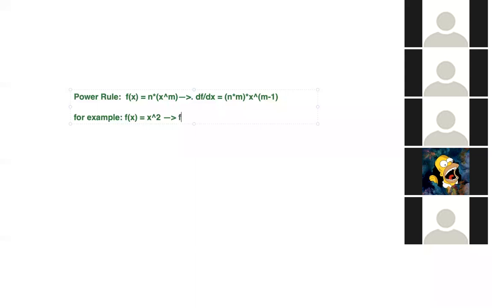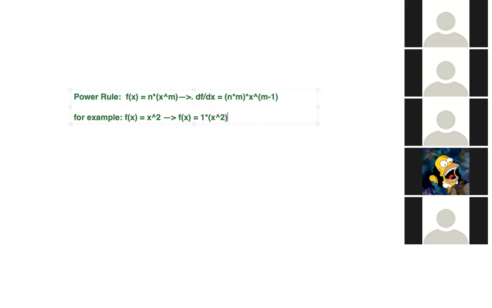So I could write this as, if I want to be more explicit, 1 times x squared. Does that make sense, Miriam?